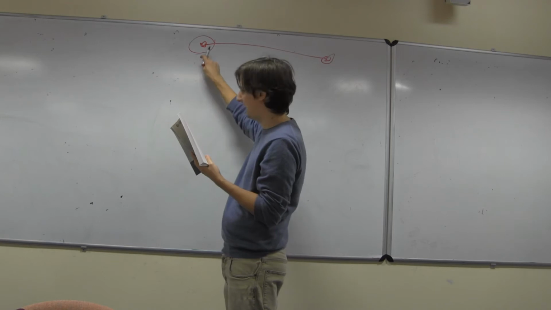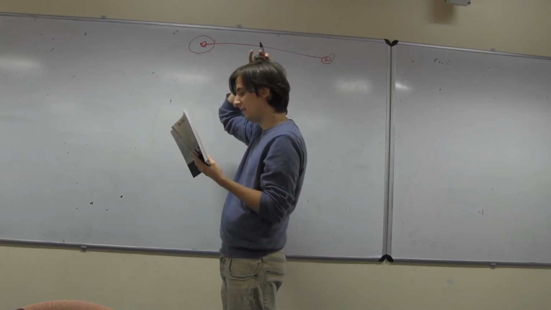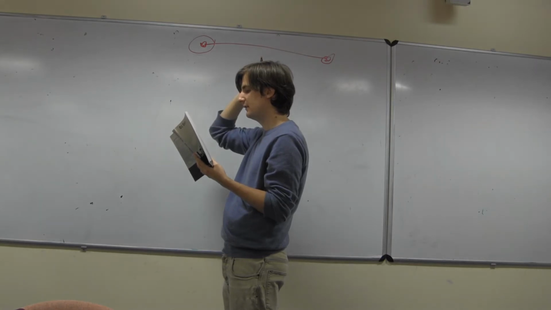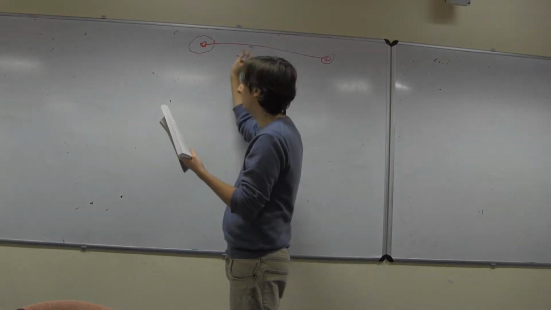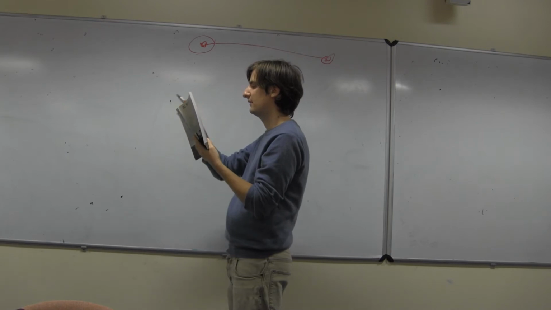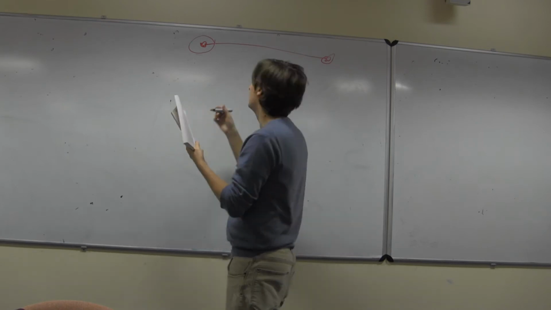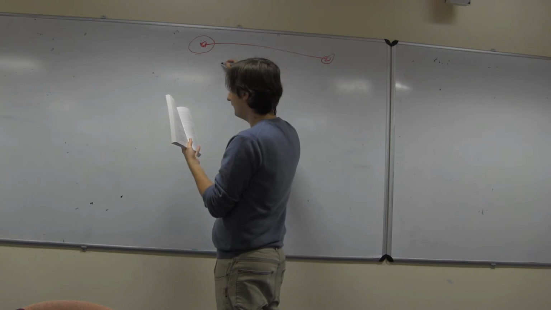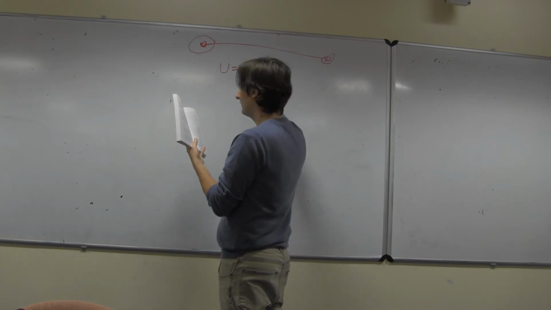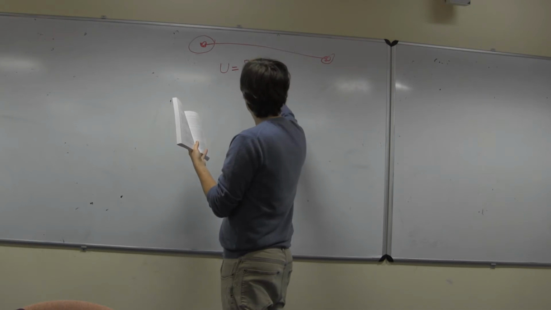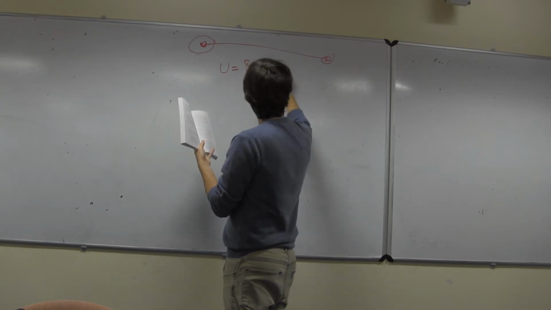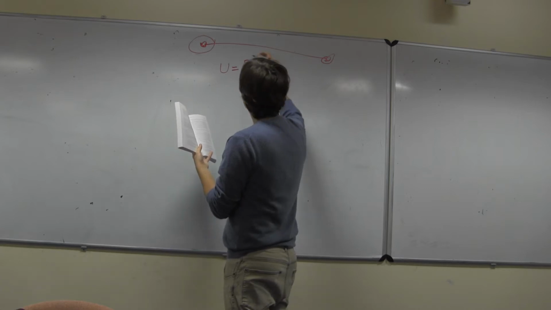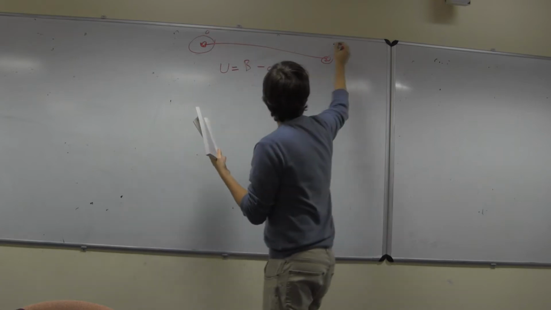This restaurant has 0 marginal cost, and there's a $1 transportation cost. Consumers have a utility of U equals B, some constant B, minus A, which is their location. So this is 0, this is 1.